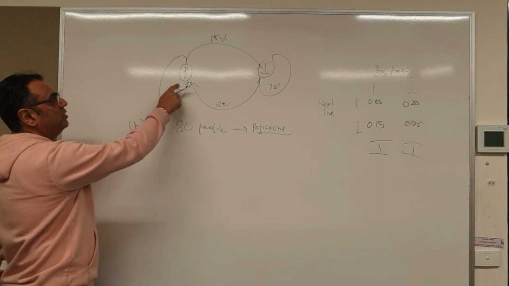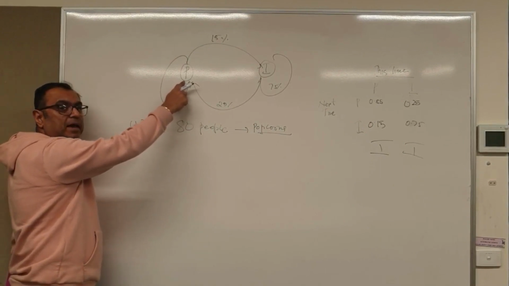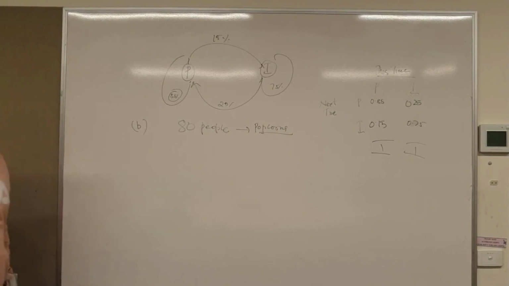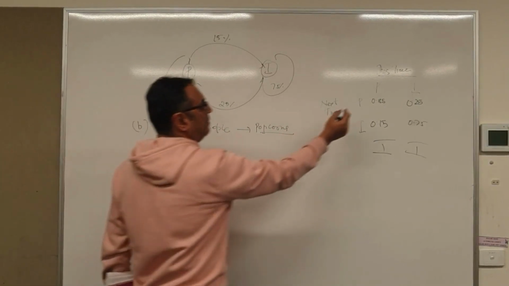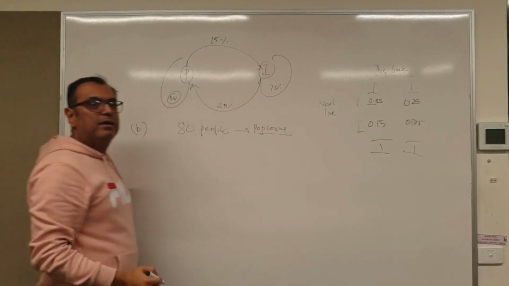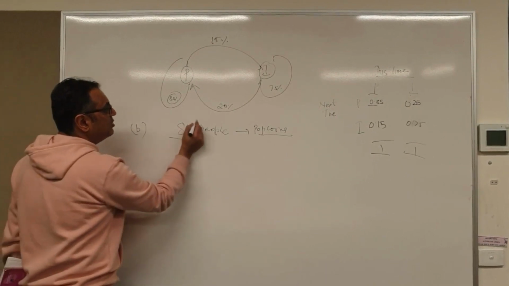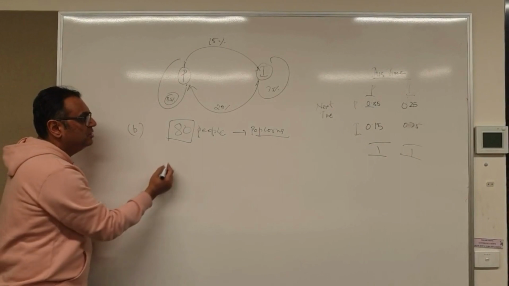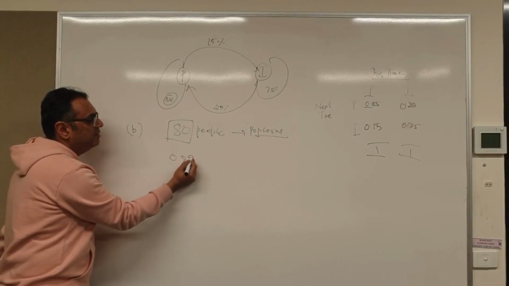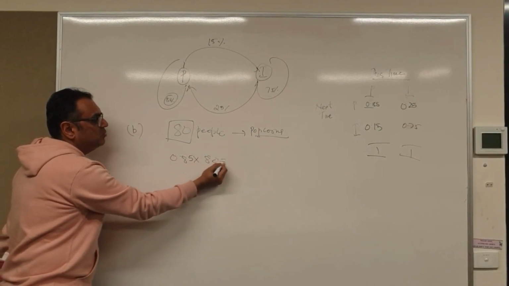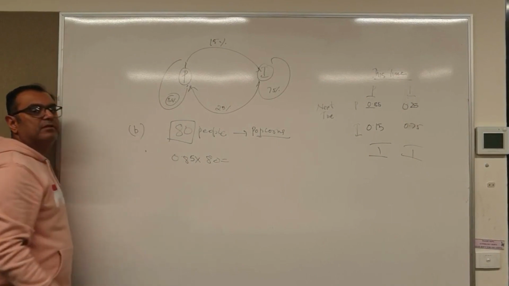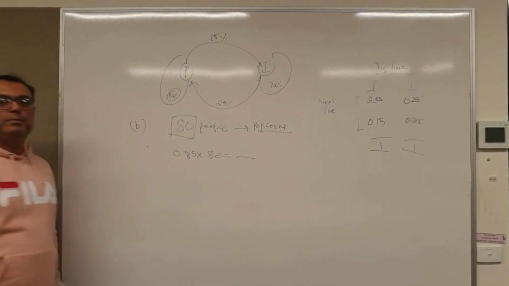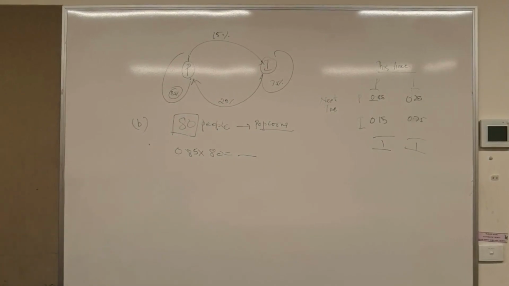So I go to my node here and say, okay, how many are buying popcorns? 85%, right? PP. So 85% of 80 people will be buying popcorns next time. So I'll say 0.85 times 80. So whatever their answer will be, those many people will buy popcorns. Rest will be ice cream.